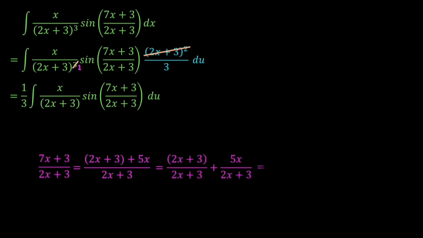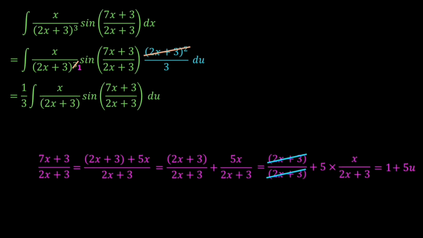Then we can cancel out the numerator value 2x plus 3 and denominator value 2x plus 3 and get the result 1. 5x over (2x plus 3) we can write as 5 into x over (2x plus 3). Instead of x over (2x plus 3) value, we can substitute u. Then we have 1 plus 5u.